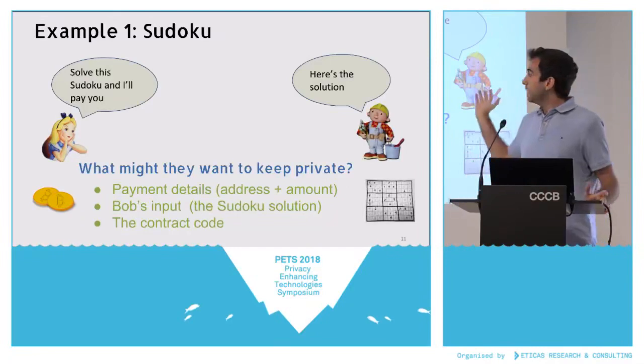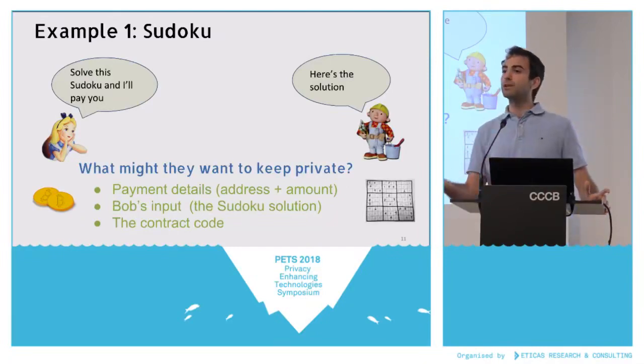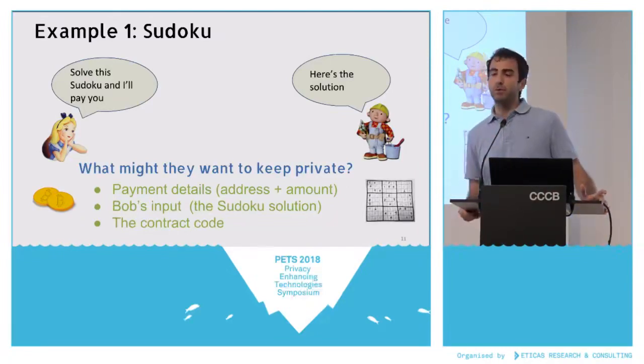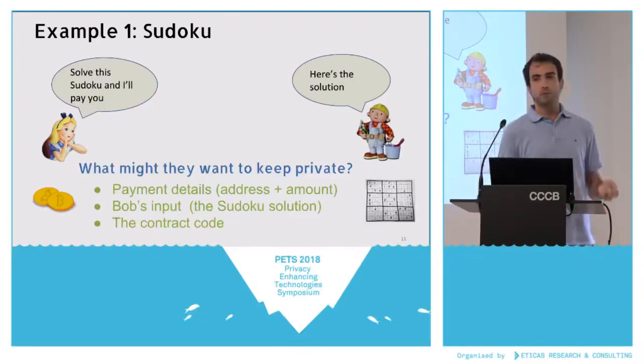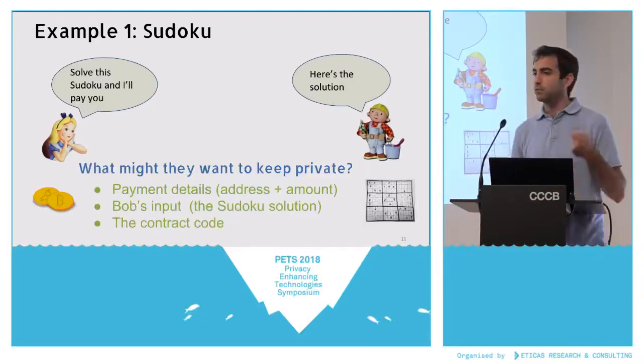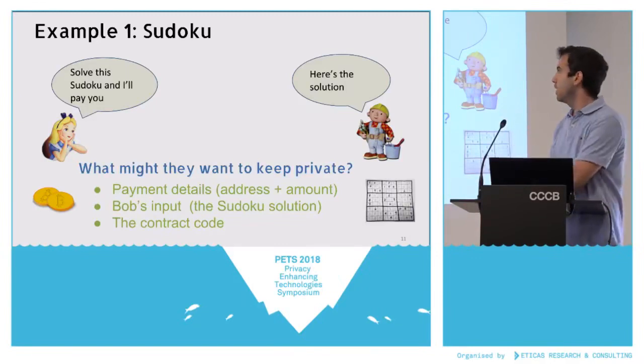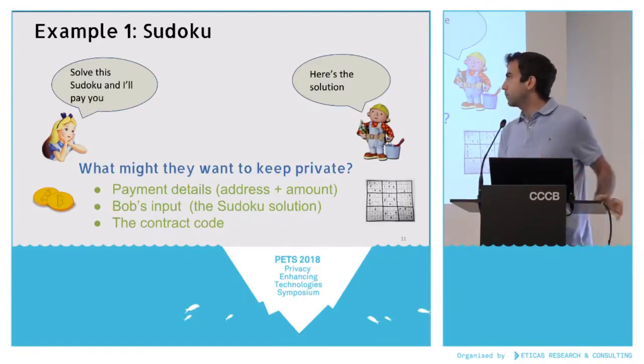And here, if they're buying a Sudoku solution when playing Sudoku is illegal, it doesn't matter about the input, the actual notion that they're playing Sudoku, the code of the contract itself leaks a lot of information. And these are two ways where you might want privacy.